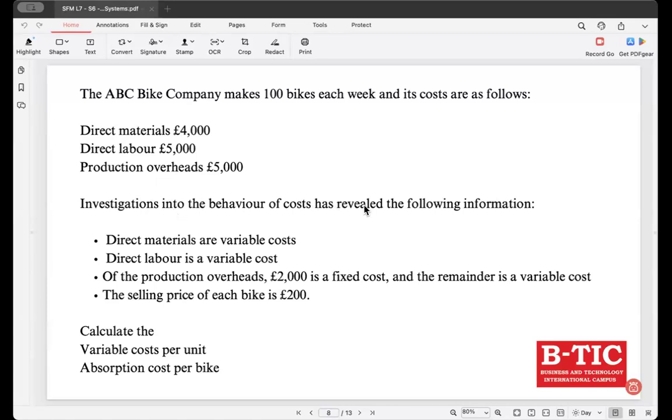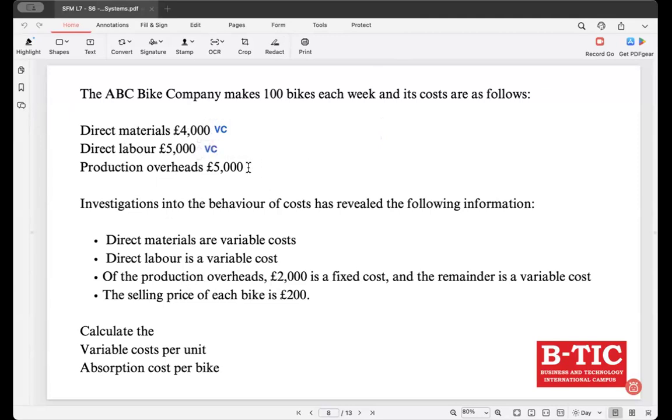Investigations into the behavior of cost have revealed the following information. Direct materials are variable cost. Done. I'm just going to mark it, so it's easy for you to calculate. Direct labor is also variable cost.